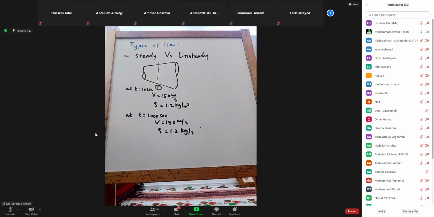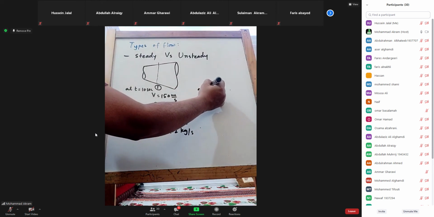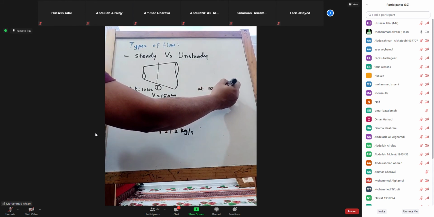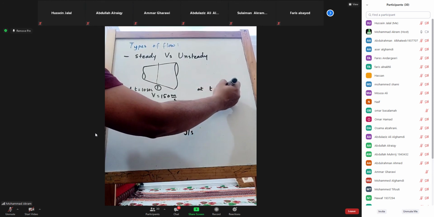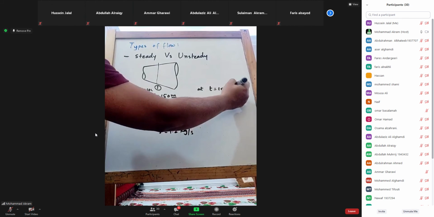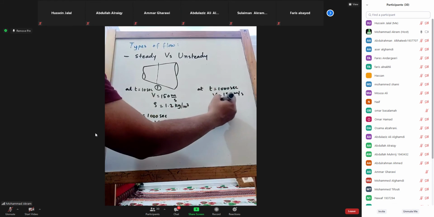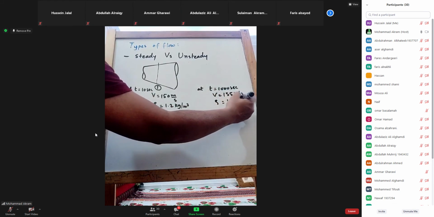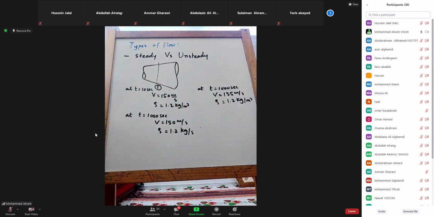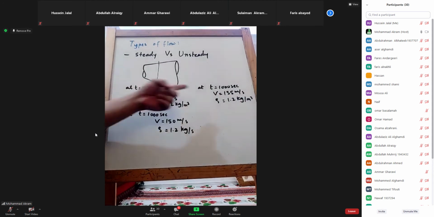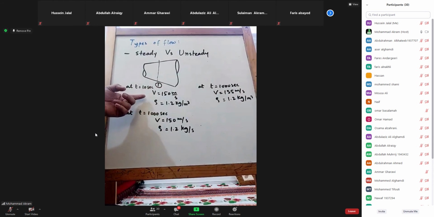If, for the same case, after 1000 seconds, V is equal to 155 meter per second and rho is equal to 1.2 kg per meter cube, what is the meaning of this? In these two cases, is it changing or not? It is changing, right?